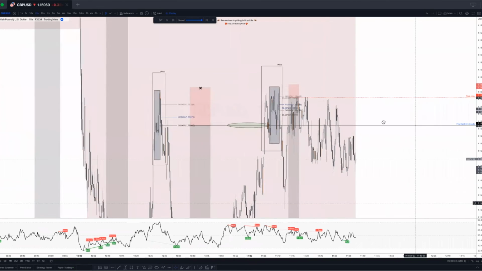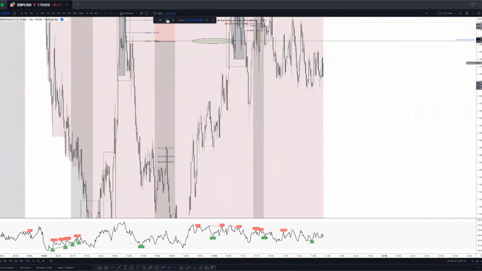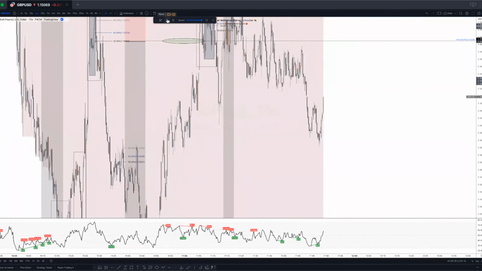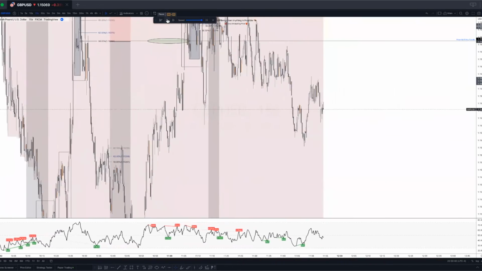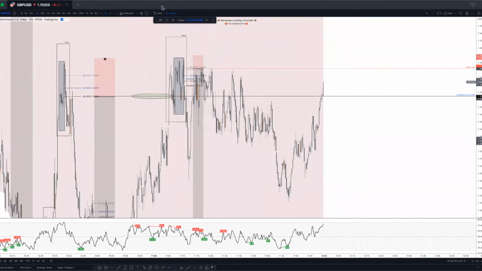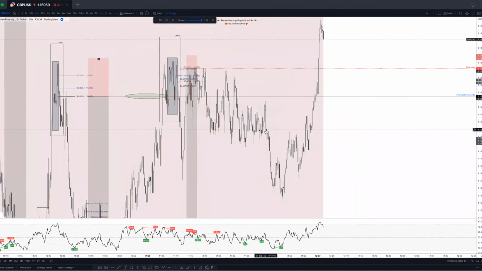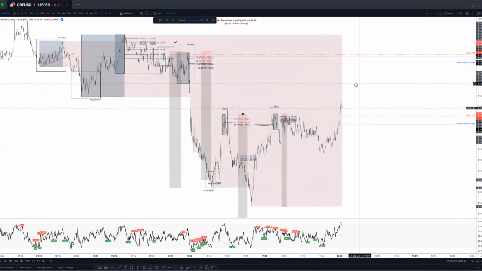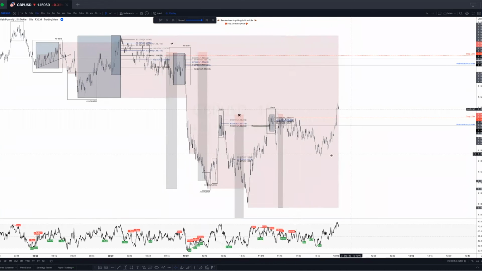At this moment, risk free, all the way down. Boom. All right, it's accumulating. It's accumulating. And it's going to stop me out of this one. All right, perfect. So now, because it had unmitigated areas down here, this came down to mitigate those.